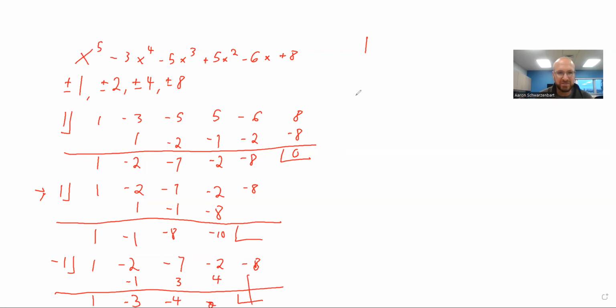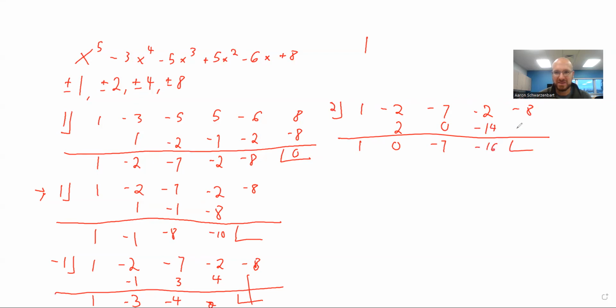That's not going to work either. I'll try 2. Oops, I missed my negative 2. One, 2, 0, 0, negative 7, negative 14, negative 16. No, that's not going to work. Let's try negative 2.